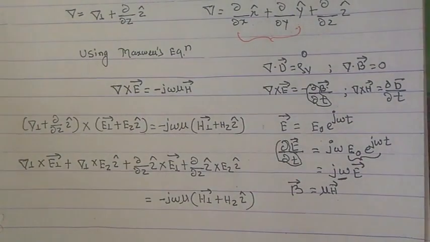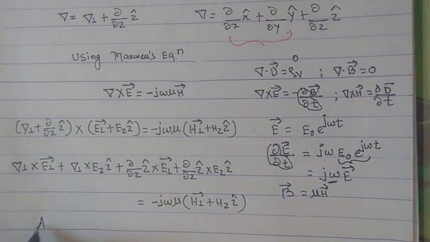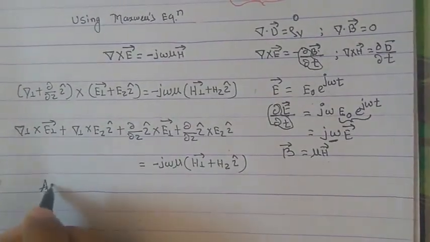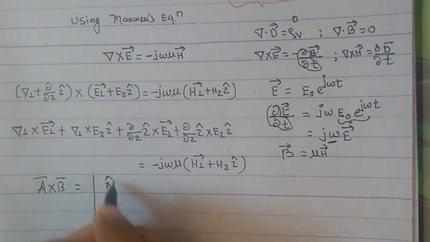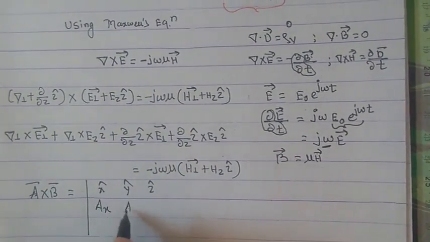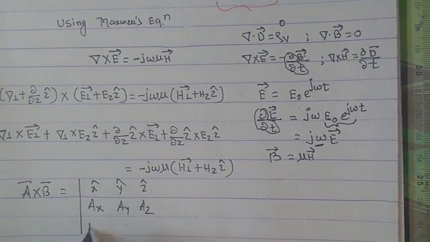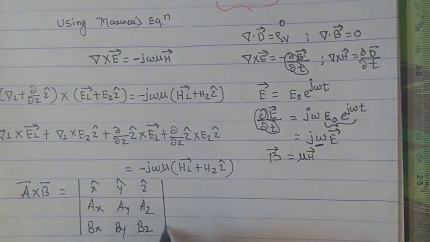Why we are doing that, you will come to know after some time. If you have two vectors, the cross product can be like this.